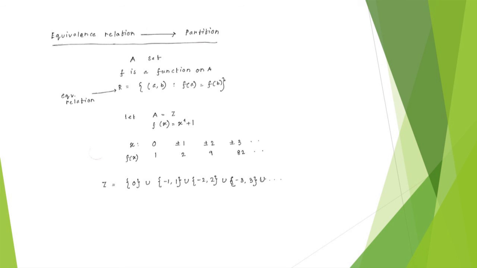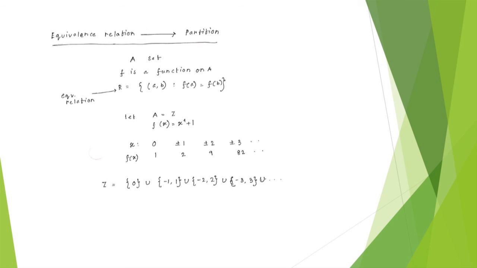So why is it an equivalence relation? Because it satisfies all three properties: reflexive, symmetric, and transitive.